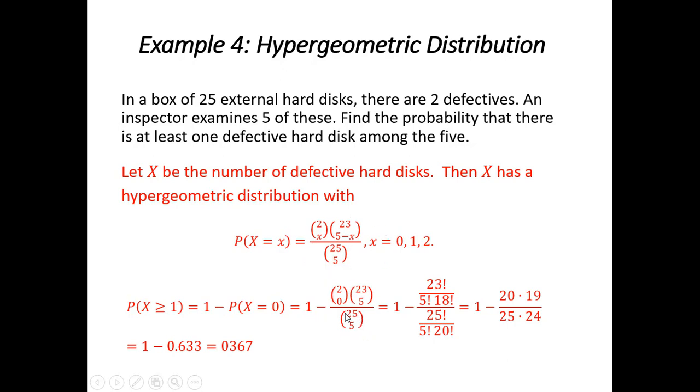So you could see we could work this out. We get 1 minus this expression. If we expand this out using factorials, cancel out like terms, this works out to be 1 minus 0.633. So that gives us here 0.367.